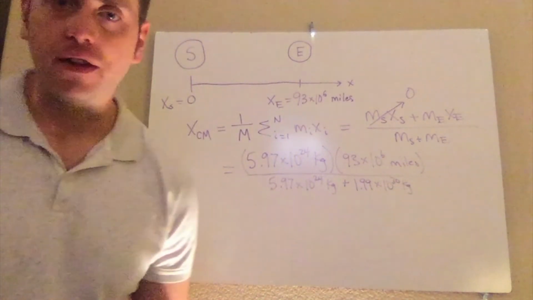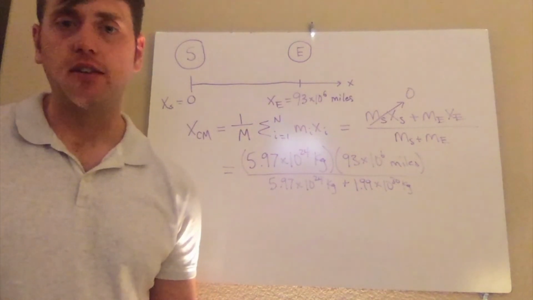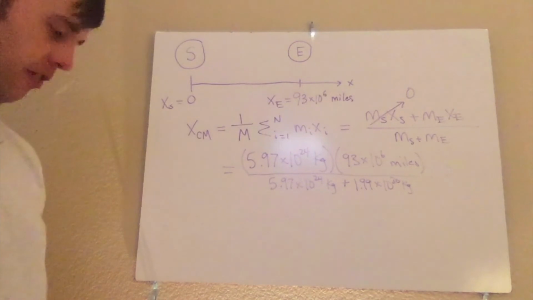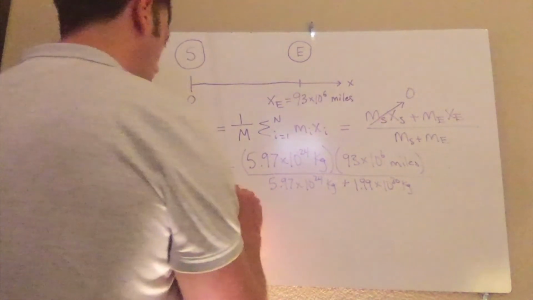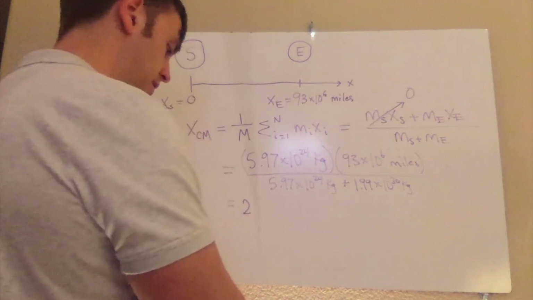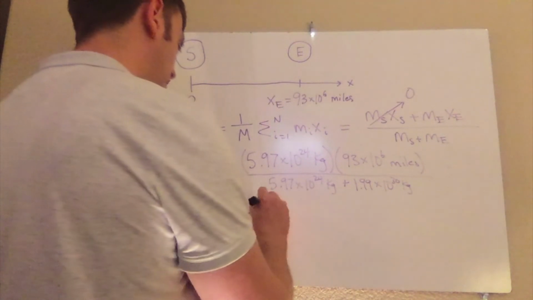Now, what's going to come out of this calculation is a distance measured in miles. And exactly what that distance is, is surprisingly small. We only get 279 miles.